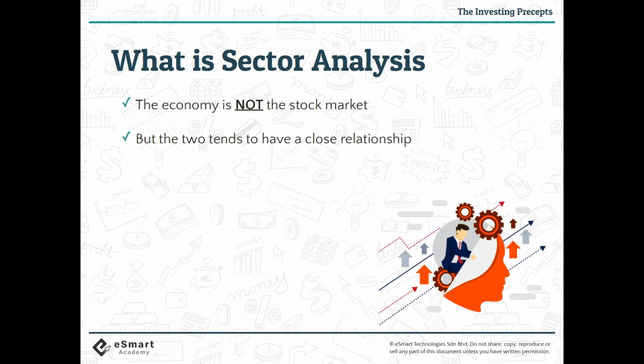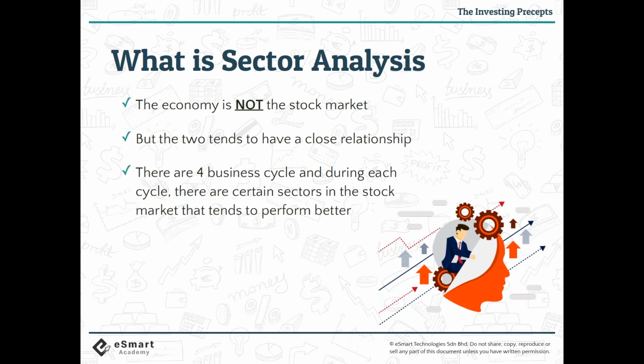When we talk about the economy, there are generally 4 business or economic cycles. There are 4 categories, and these are going to affect different sectors in the market. Each business cycle has certain sectors that tend to perform better relative to others.